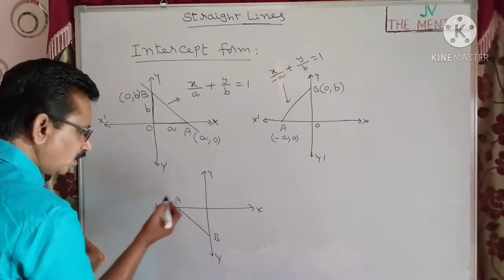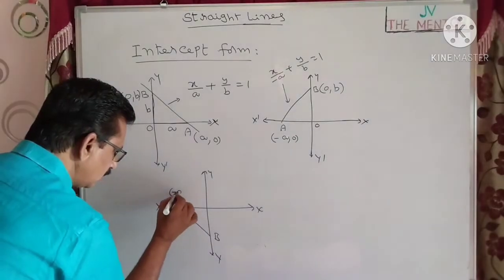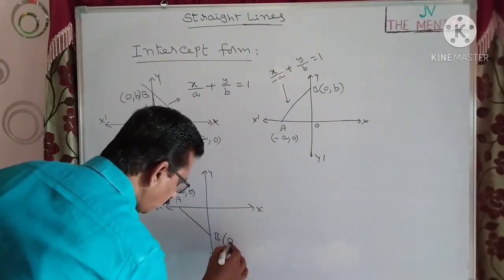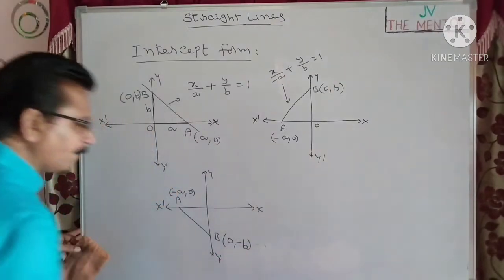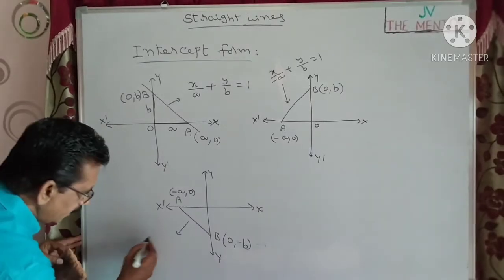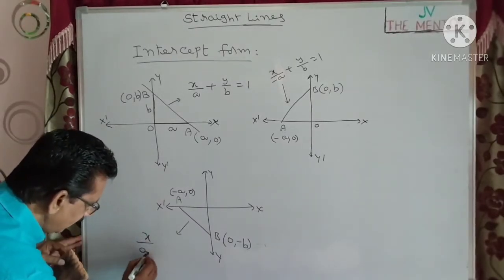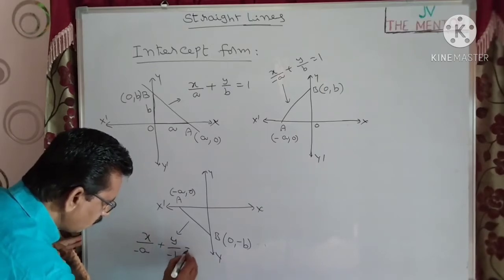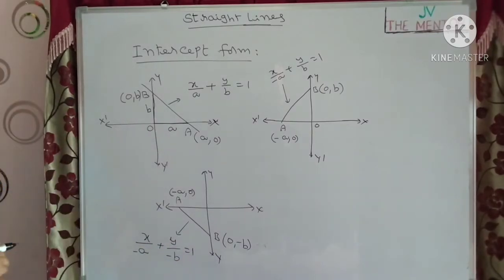Now here the coordinates of A are minus A comma 0 and the coordinates of B are 0 comma minus B. Now the equation of this line is x by minus A plus y by minus B equal to 1. Here the x-intercept is minus A, the y-intercept is minus B.